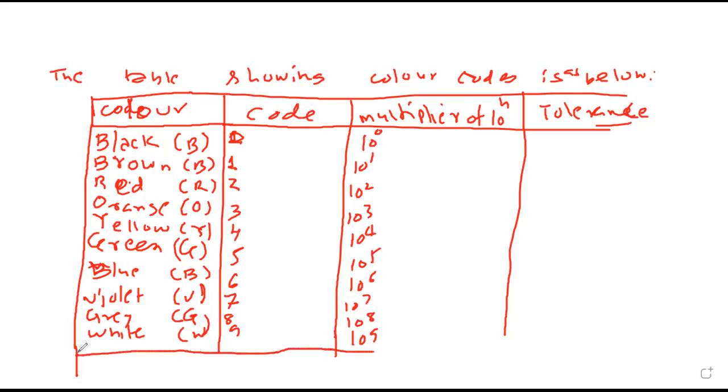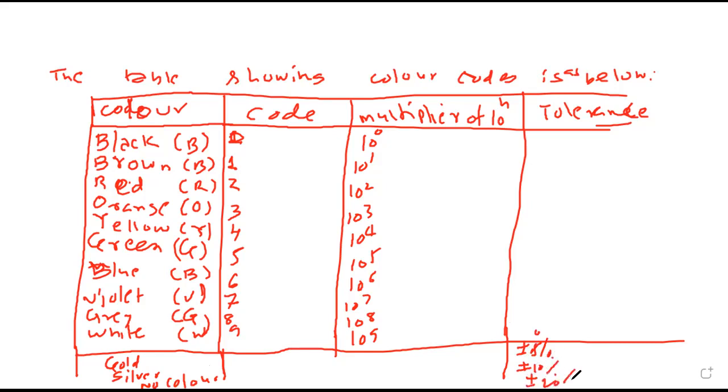For these colors, nothing is related to tolerance. Gold, silver, and last is no color. This band stands for tolerance. When the fourth band is gold, tolerance is plus or minus 5%. Silver 10%, no color 20%.